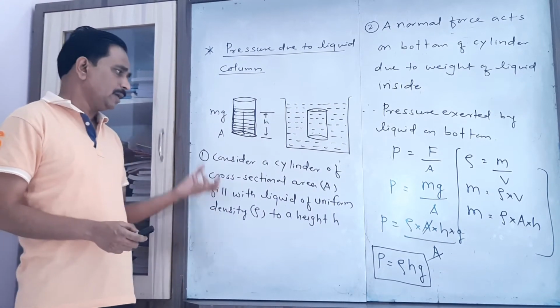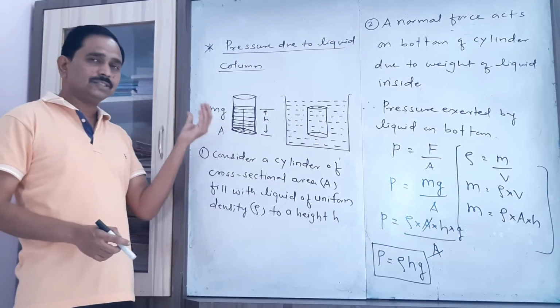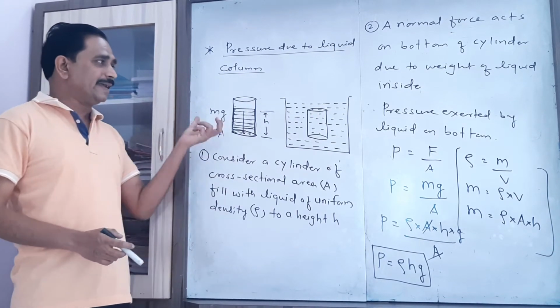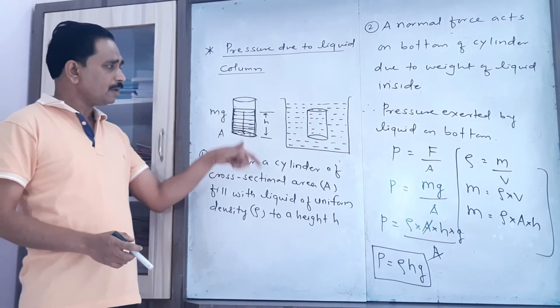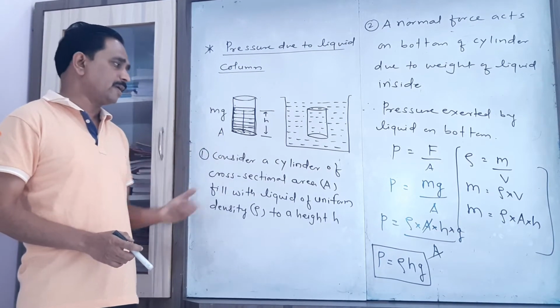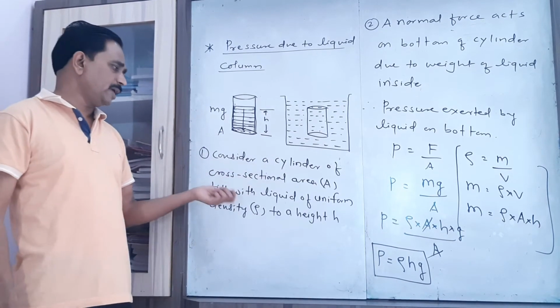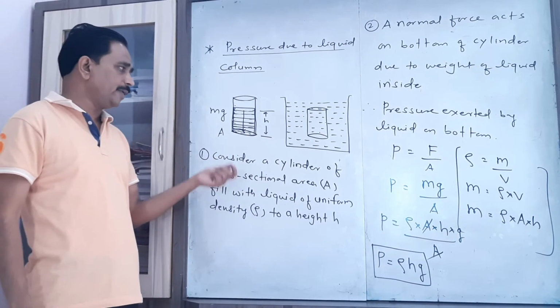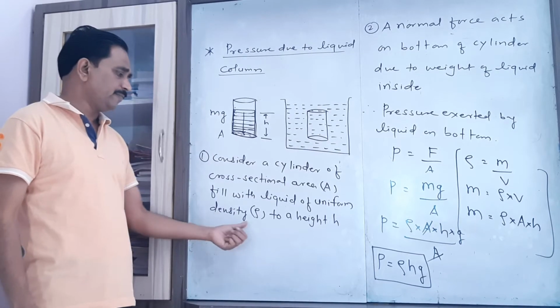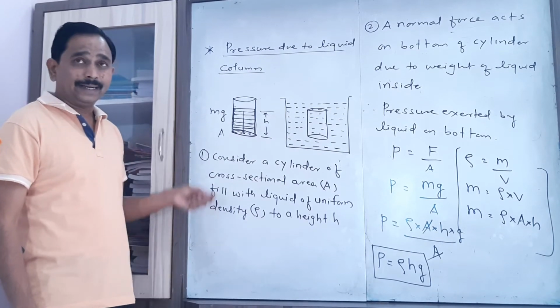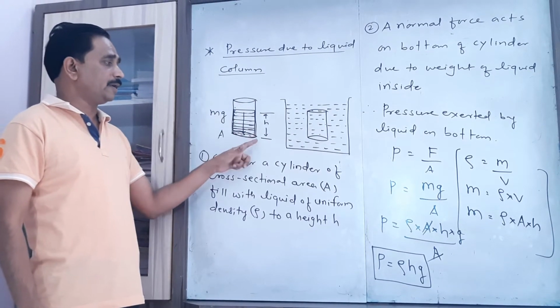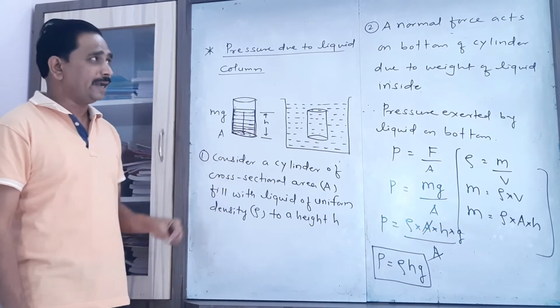Let us revise it. We have to consider one cylindrical vessel, and in that vessel some liquid. So consider a cylinder of cross-sectional area A, filled with liquid of uniform density rho up to a particular height, that height is h.